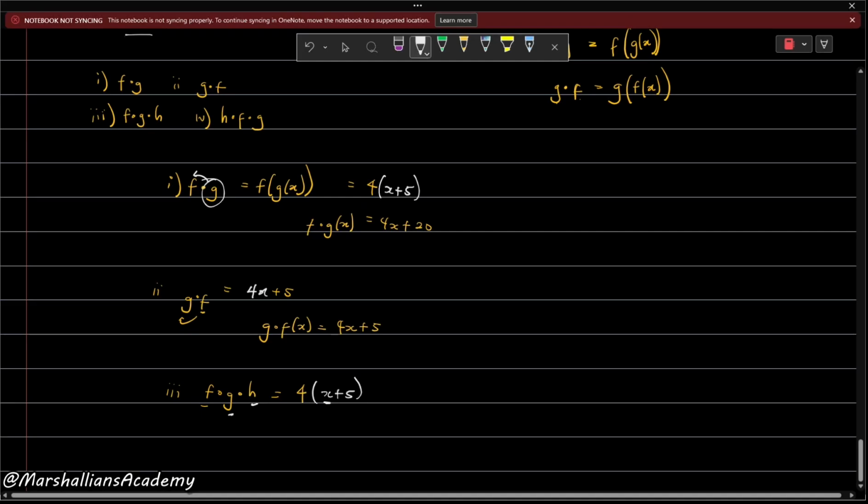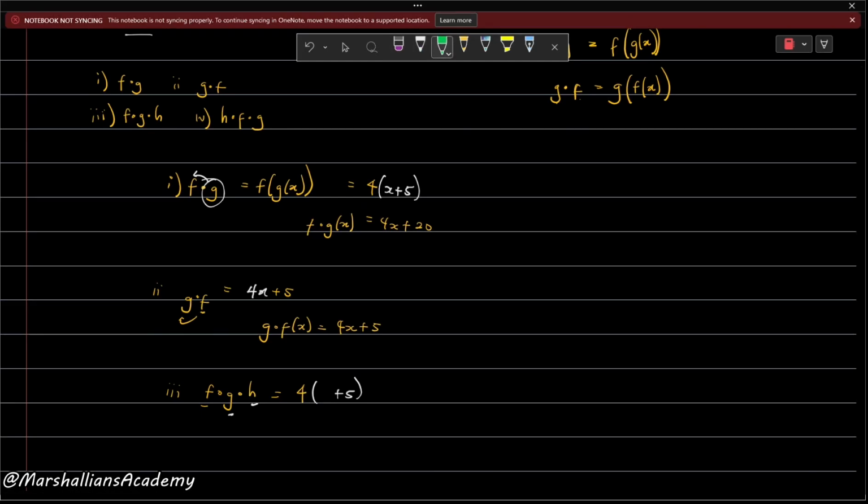And if I'm going to be having 4 into bracket, replacing the x with x squared, and I have the composite function f of g of h. H inside g and g inside f. This means we are having 4x squared plus 20. So this is the f of g of h of x.